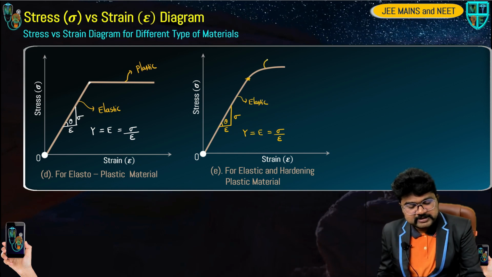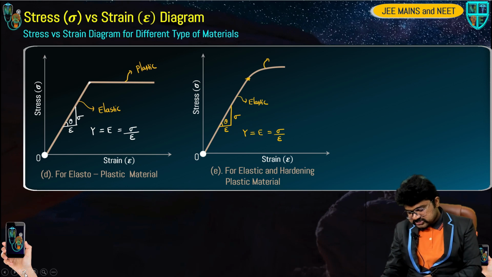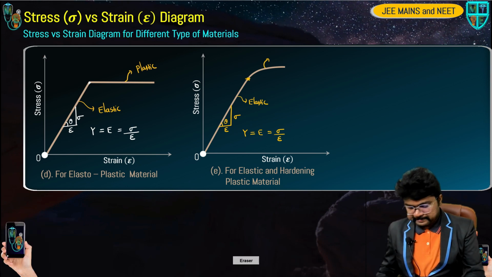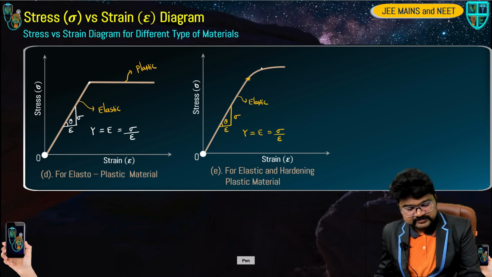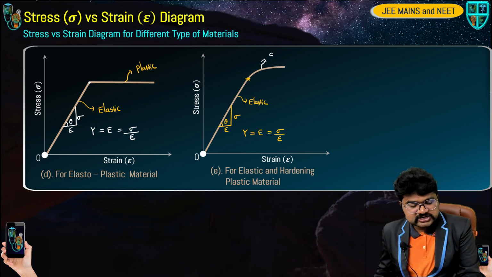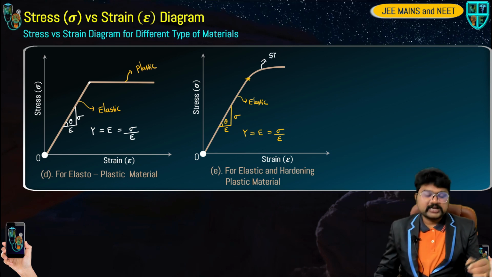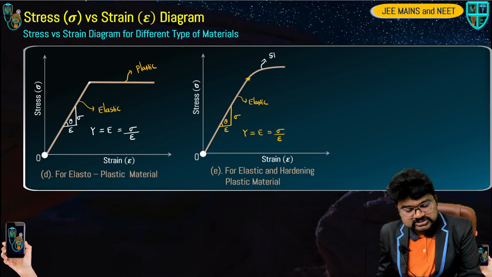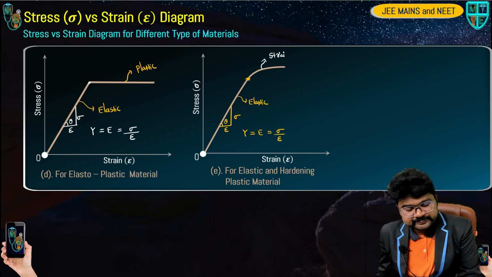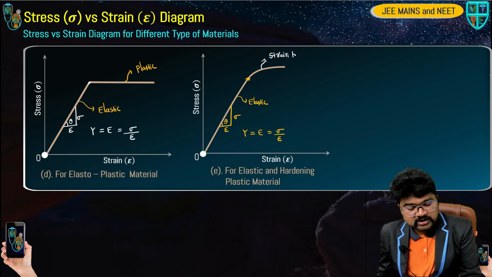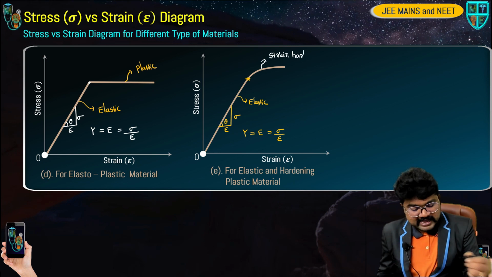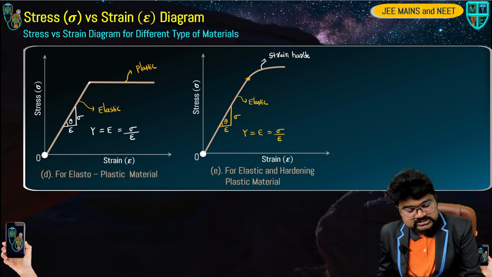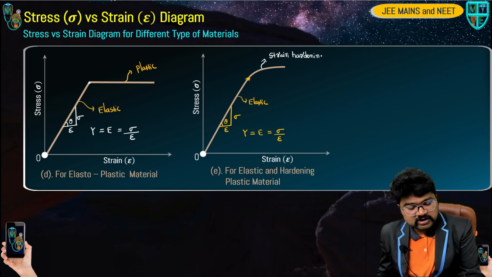After that it behaves as strain hardening. This would be strain hardening plastic. This is the process of strain hardening.